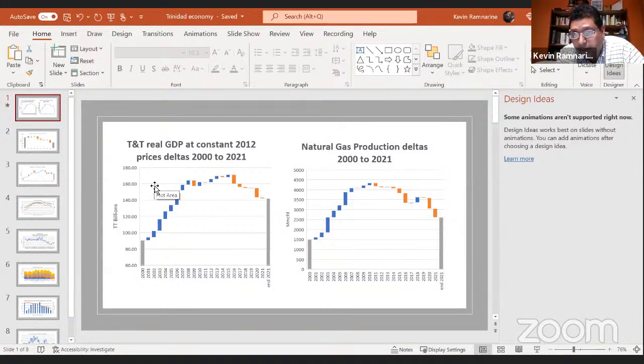This data set goes back all the way to the year 2000. So we're comparing apples with apples here, because there were two data sets in existence, one with constant 2000 prices and the other with constant 2012 prices. This is all data in constant 2012 prices. And it shows a story which anybody familiar with the economic history of the last 20 years would know.